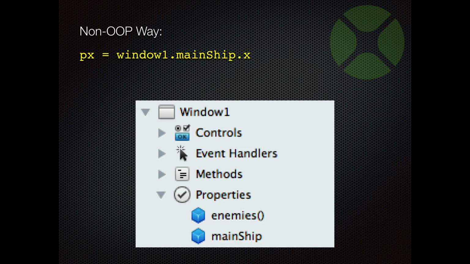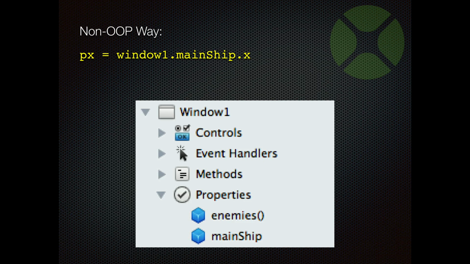So the logical way to do it, the non-OOP way, the default way to do it, is to say, oh well, I'll just talk to Window 1 and ask it where main ship is, and find out the horizontal location, which is X, and assign that to a variable, and now I know where that main ship is, and I can head towards it. Well, that'll work, but it's a non-OOP way of doing it, because we're basically kind of cheating. We know what Window 1 is, where the ship is, so we're just using our godlike knowledge to say, okay, I know where the ship is, let's just talk to it directly.